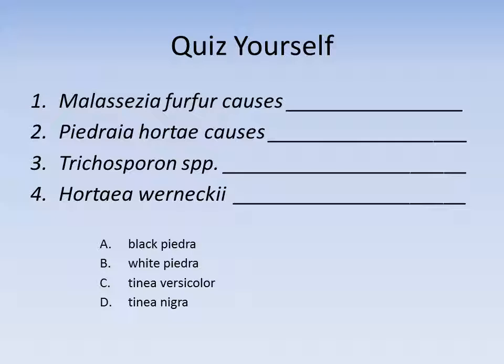And let's finish up with a little self-quiz on these organisms that cause some of the superficial mycoses. So take a look at numbers 1 through 4. And you've got some options there on the bottom.